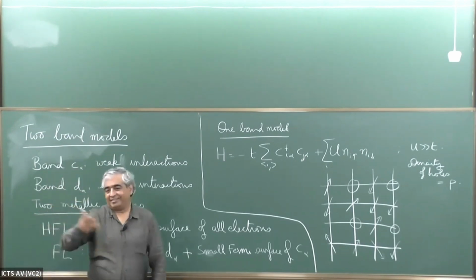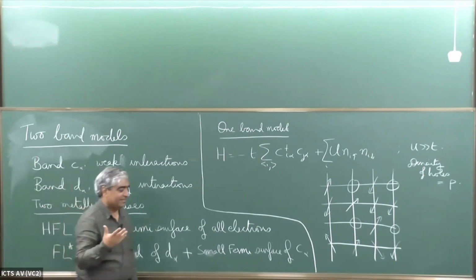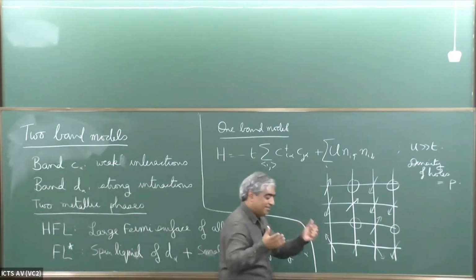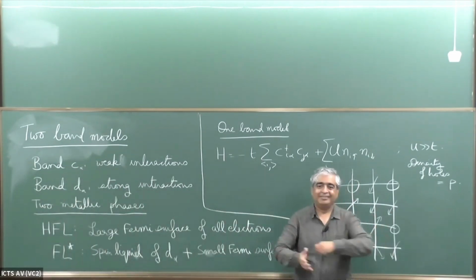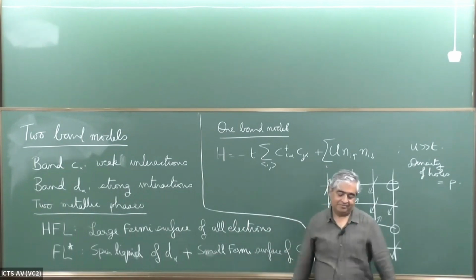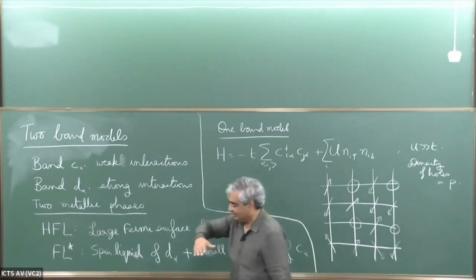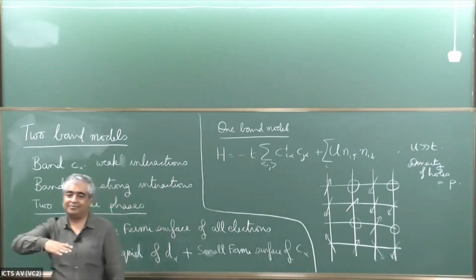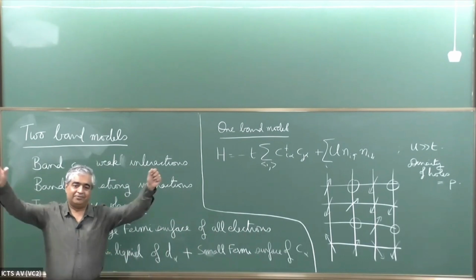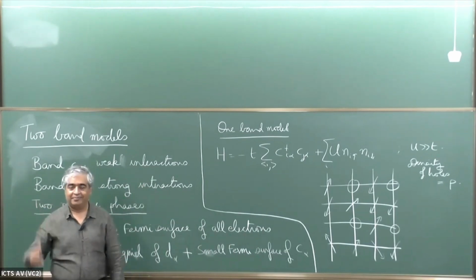But if I'm not interested in that, if I'm just interested in the physics near the Fermi level, down to about, I don't know what the scale is, 50 milli-electron volts or something like that, which is the whole range of photoemission experiments, maybe 100 milli-electron volts.